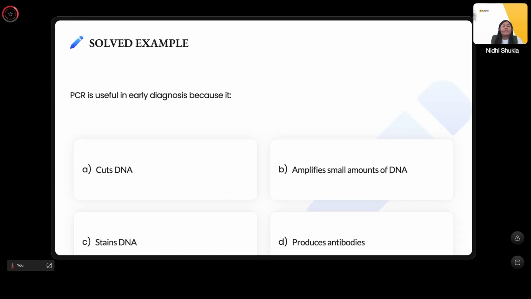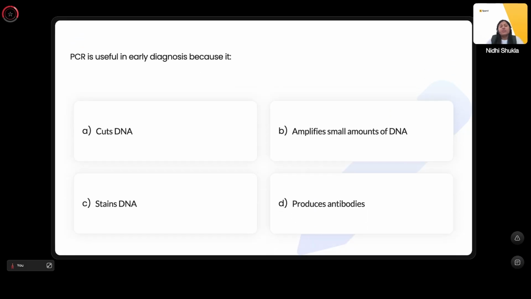Now let us look at our next question. PCR is useful in early diagnosis because, now this is one application of PCR that you study in molecular diagnosis. When we study diagnosis, we know that there are conventional methods, such as urine culture.